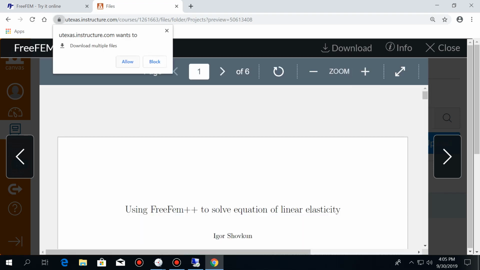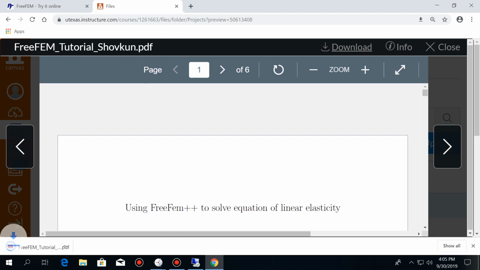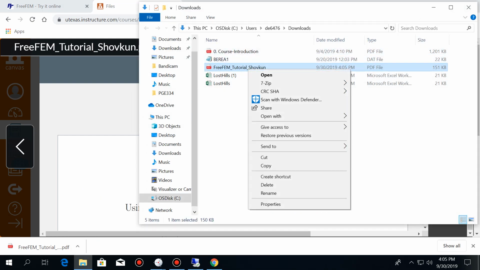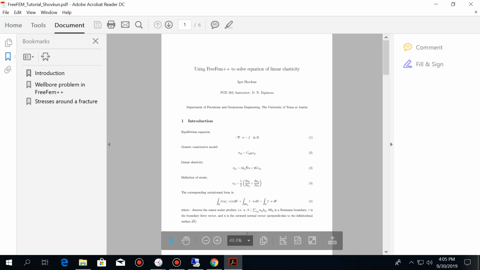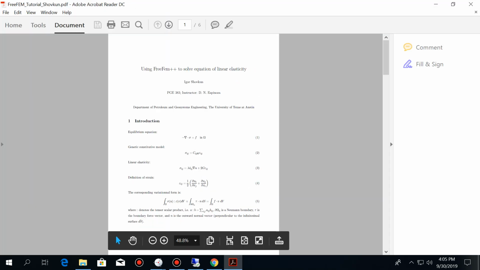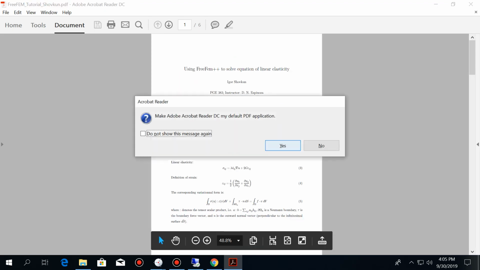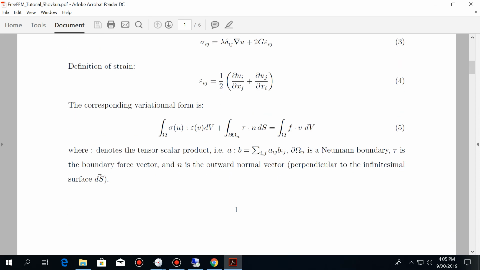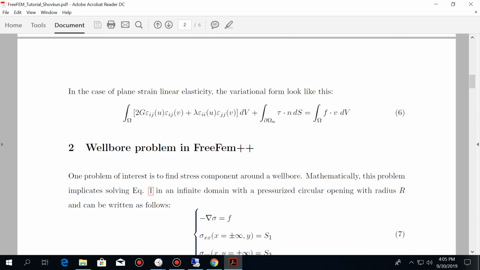Let me download this file, and let me open it. Here you'll find the same equation, and this is the equation, and this is the variational form with the sigmas, in this case the stresses already with the part of elasticity, and the final equation.